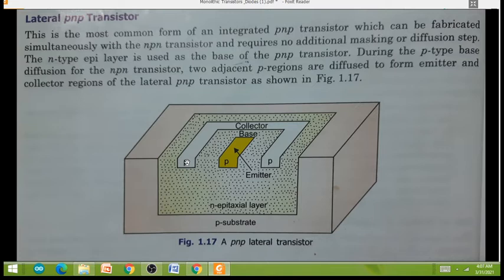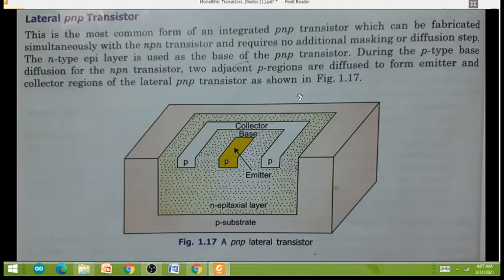So it depends on which kind of lateral PNP transistor you are fabricating. The diffusion process could be different, it could be the same, but yes, at the masking process you do not require a different mask at the time of diffusion.